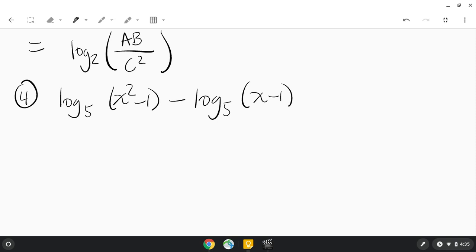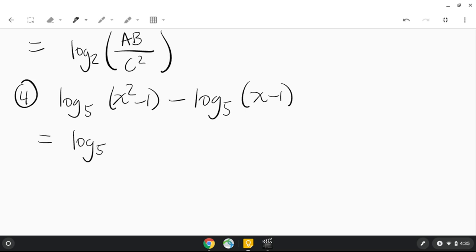And that's where these laws, where you have to condense, become crucial. When we get something like this where we actually have to solve it, you will need to condense it first, and then you can solve. So let's go ahead and condense this. We don't have any numbers out in front, so we can condense right now.